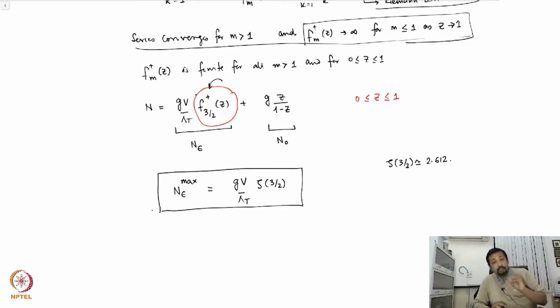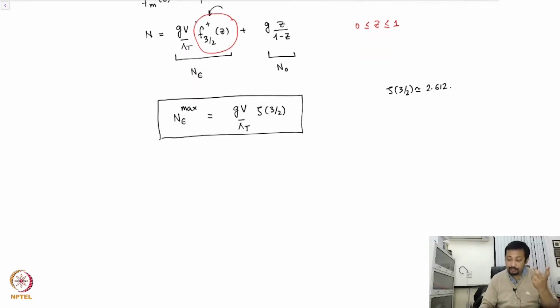Now, this is a very important inference. You see from the expression for the total number of particles that you can accommodate only a certain number of particles in the excited states. There is an upper bound on that. So if you keep adding particles to the system, you are going to hit this limit. Then if you keep adding more and more particles, where do they go? They go to the ground state. And that is when condensation starts to happen, and the condensate starts to appear.